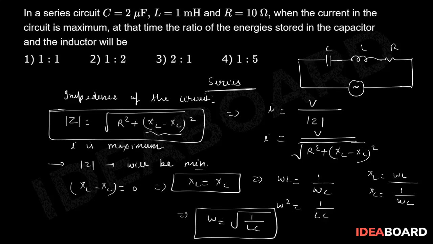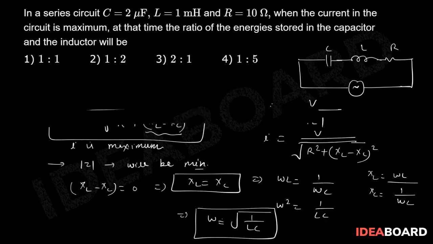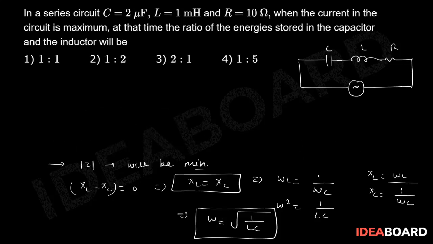Now in order to solve it, let's see what is the data given to us. So let me just rewrite the data provided in the question. C is equal to 2 microfarad, L is equal to 1 millihenry, which I can write as 10 to the power minus 3 henry, and C would be 2 into 10 to the power minus 6 farad, right?